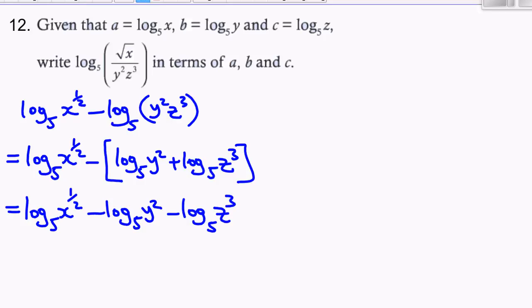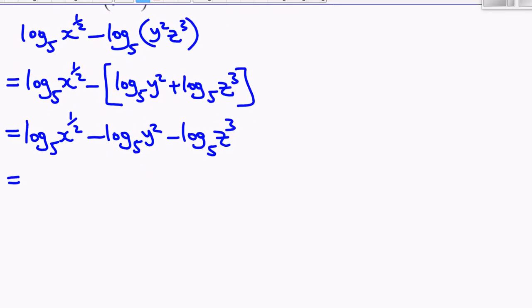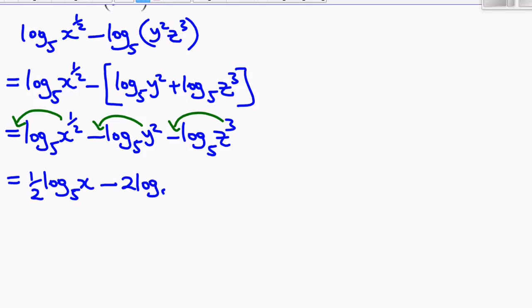And then what you can do is bring this to that using one of the laws of logarithms in the previous page, and that bring it here. So what you'll end up with here is a half log to base 5 of x minus 2 log to base 5 of y minus 3 log to base 5 of z.